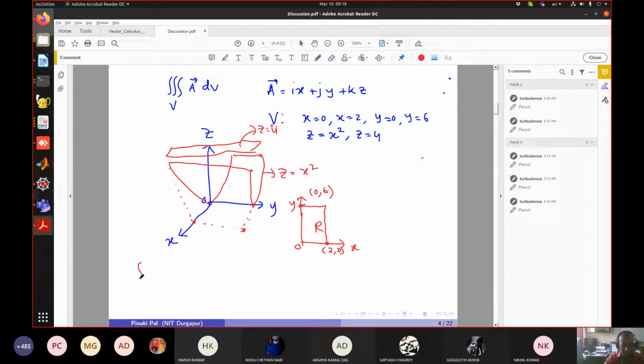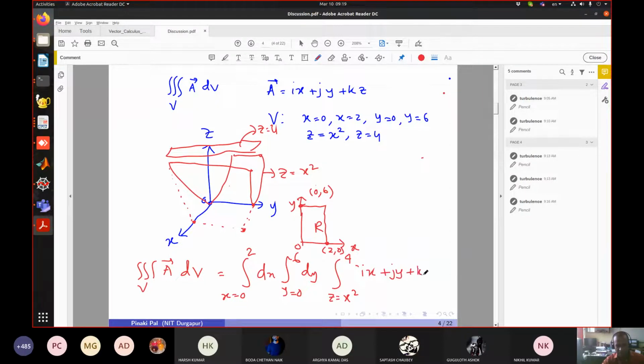So therefore your volume integration over this will be x equal to 0 to 2 dx, y equal to 0 to 6 dy, and z will be x square to 4, of ix plus jy plus kz dz. So you can now integrate it one by one using this.